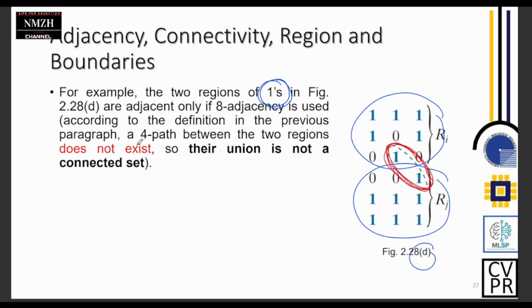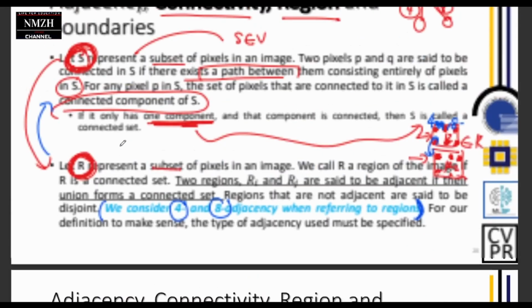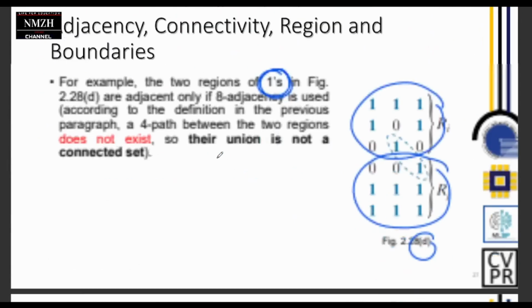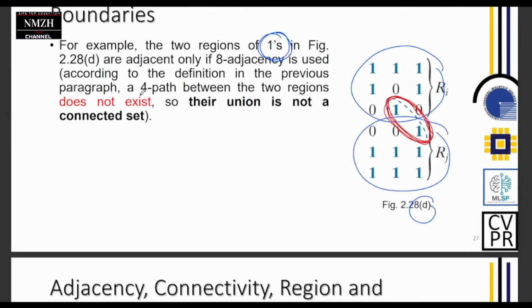According to the definition in the previous paragraph, with 4 and 8 adjacency, a 4-path between the two regions does not exist. Unless we had this one here, then that would be 4-adjacency. So their union is not a connected set.